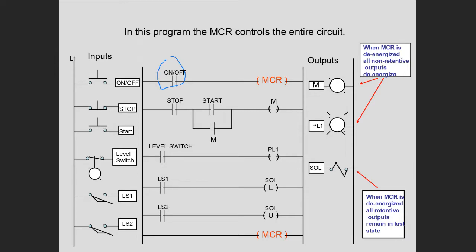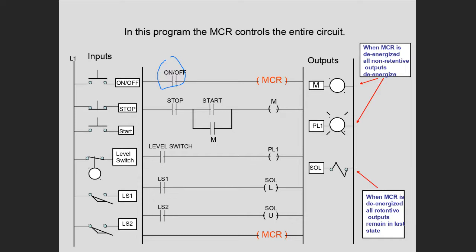All non-retentive outputs will go false. If you have a retentive output, it's going to keep its state. Remember, we talked about a retentive counter, right? We talked about a retentive timer. And a retentive timer, if you stop the timing, it'll start at where it left off.